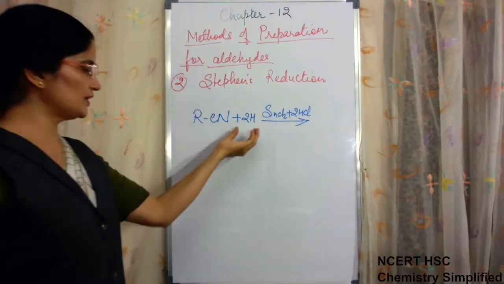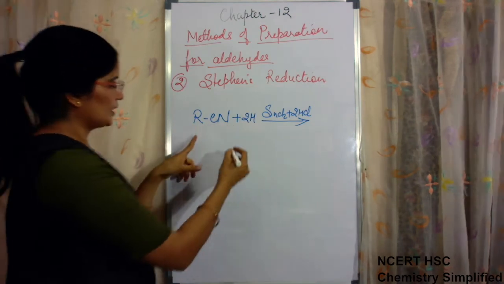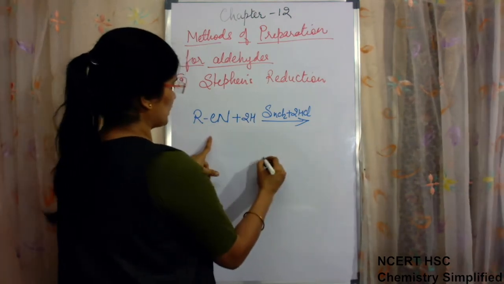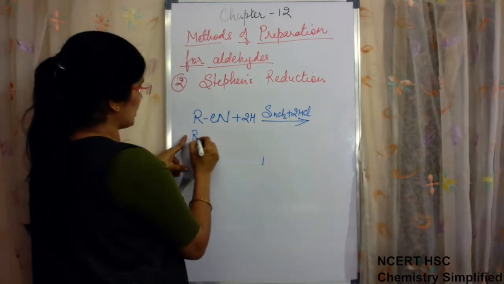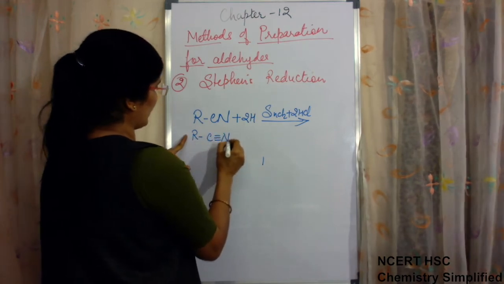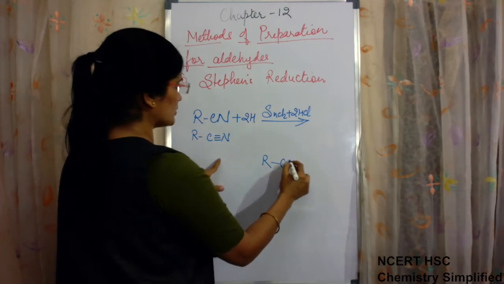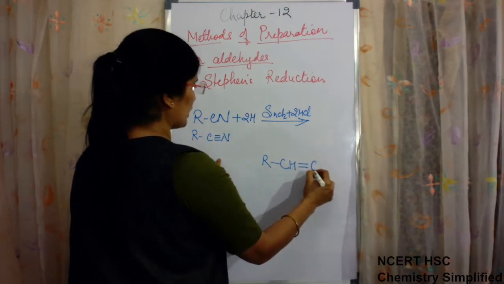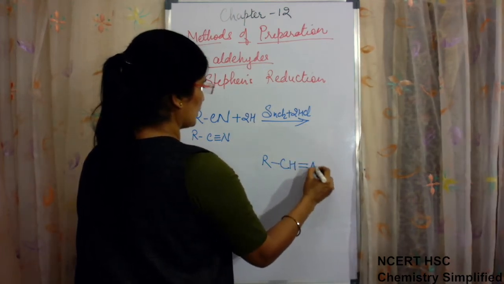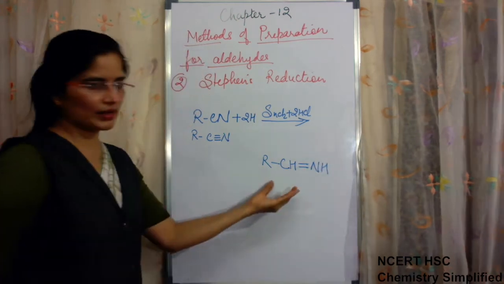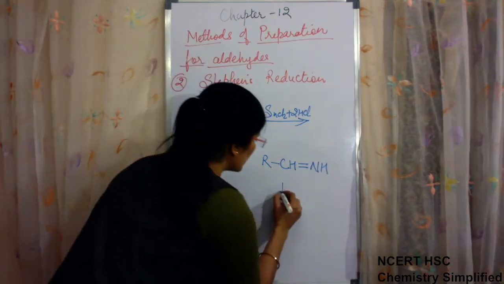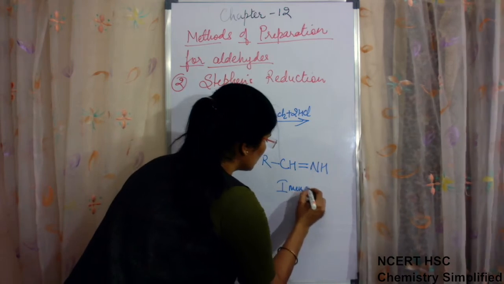Okay, when these react, an intermediate is formed. Here actually it is RC triple bond N. So it will form RC, one H will come here, and RNH is formed as an intermediate. This is known as imine.